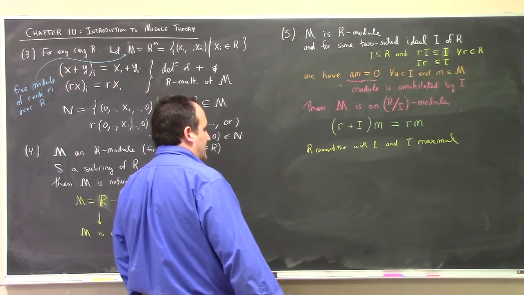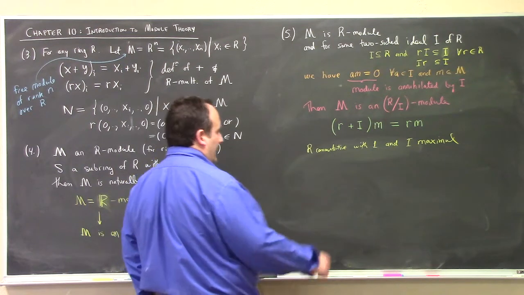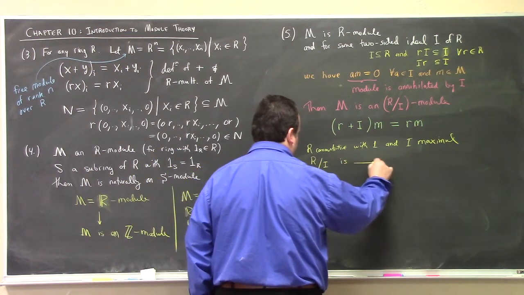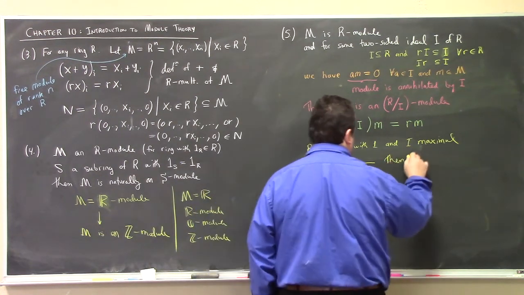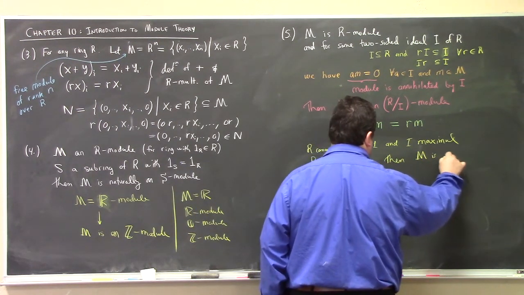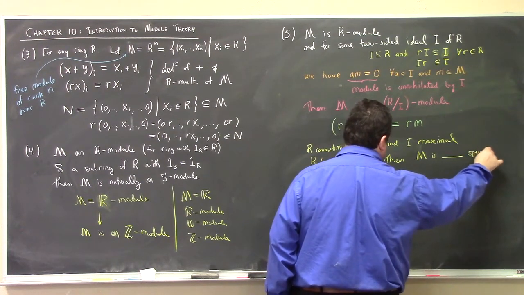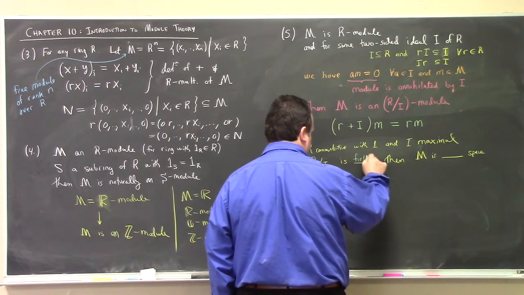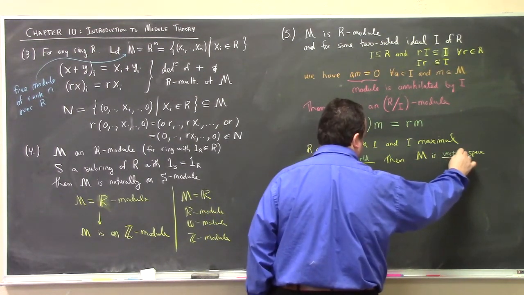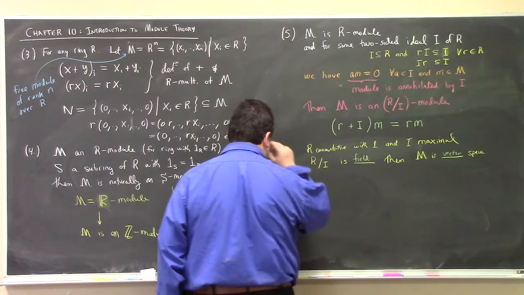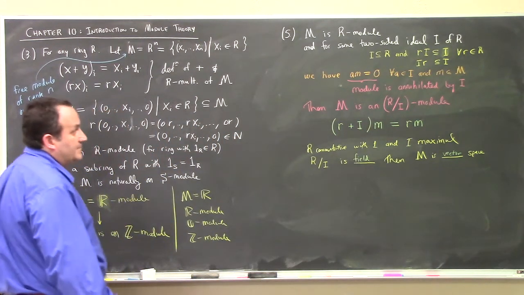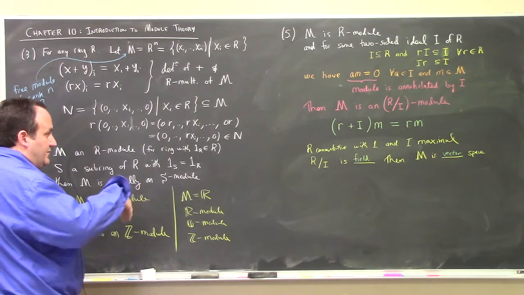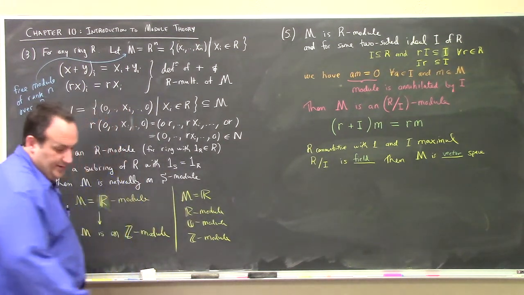What's R mod a maximal ideal? Fill in the blank. Thus, M is a blank space. Is it a field? Yep. And then it's a vector space? Correct. Remember, a ring mod a maximal ideal gives us a field. So anyway, this is yet another construction of a new module from an old one, if you've got this annihilation going on.